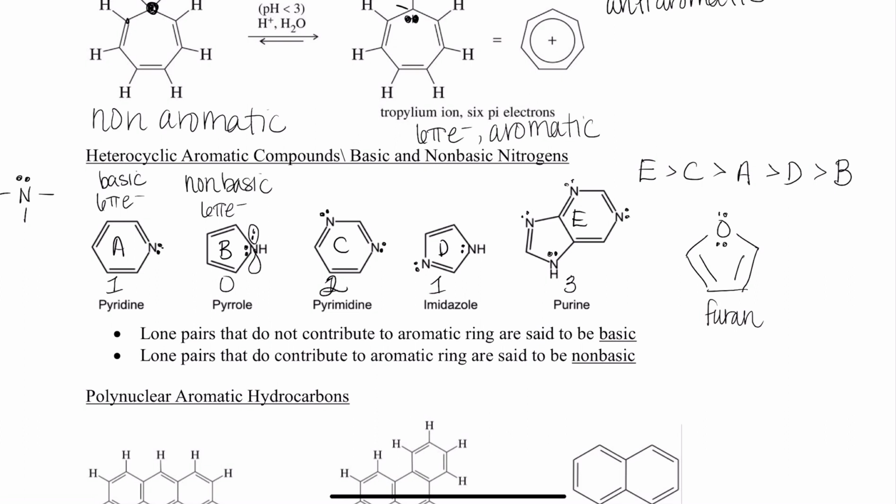So if we were to count all of our pi electrons, we would have 2, 4, 6. We would have 6 pi electrons, which follows our 4n plus 2 rule. Make sure you do not count this other lone pair. This is not participating in the ring. This has only 6 pi electrons, not 8.